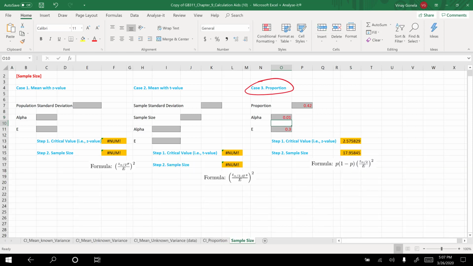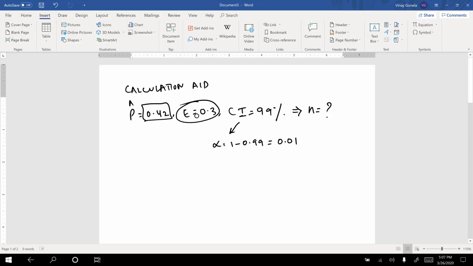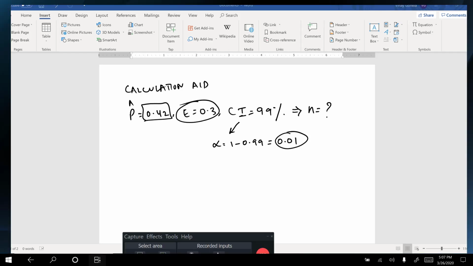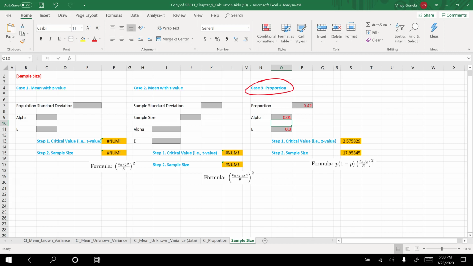Let me cross check alpha. Okay, alpha is 0.01. So our answer is we have a critical value of 2.57, and our answer would be 17.95, which is 18. So this would be approximately 18. So that's how you will be solving proportion problems.